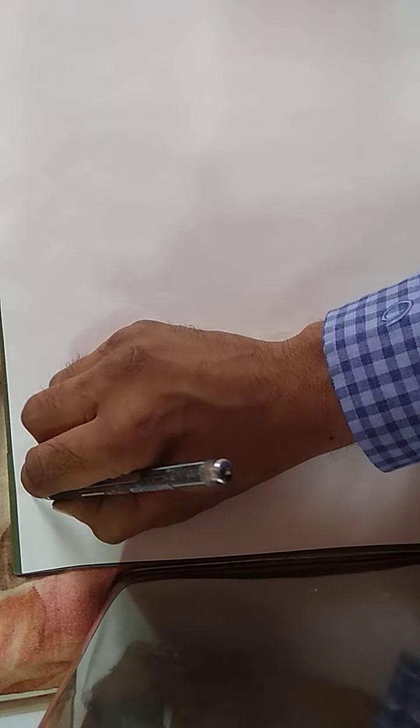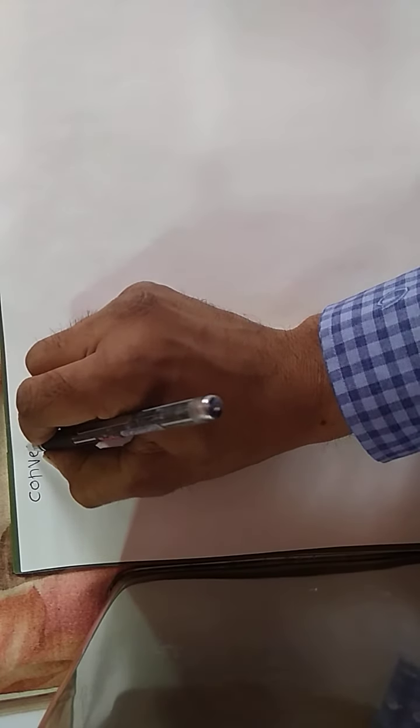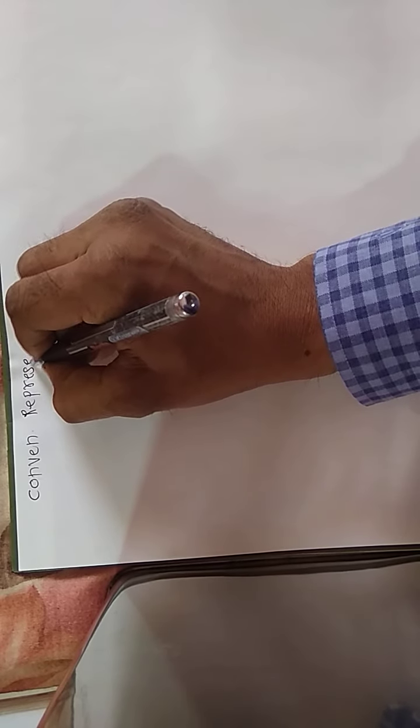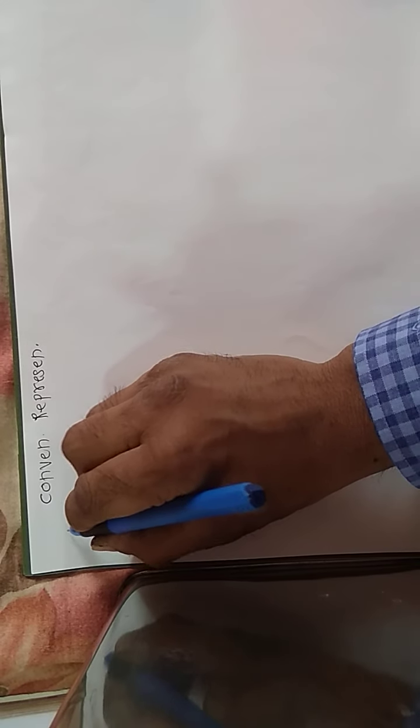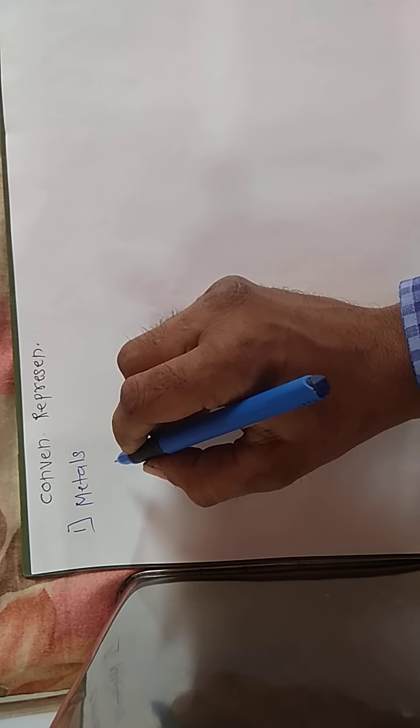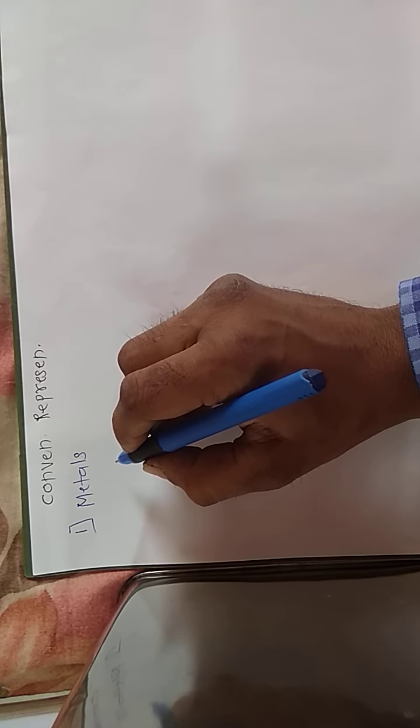In conventional representation, some conventions are important, out of which the first part is metals. For metals there are two types of conventions, for steel and for the lead type.